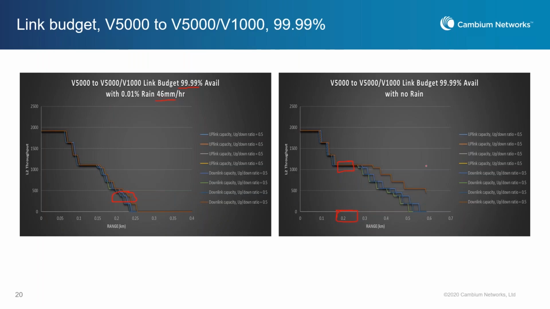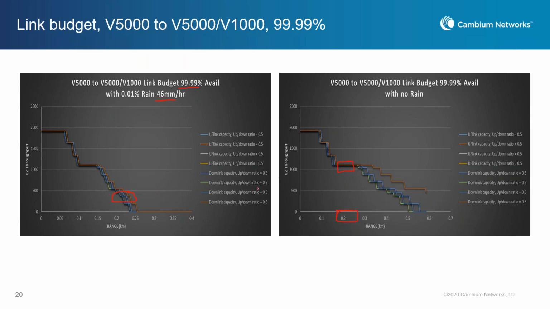The right chart shows you a normal operation. If you really want to see your specific area, go to the link planner. The link planner uses rain rate with accuracy to 30 meters. So if you put in your location, right now it only does point to point, but that's okay. You do the point to point, and you can use V5000 to V1000 or V3000 or whatever combination, and that will give you a precise distance, or precise performance for the given location.